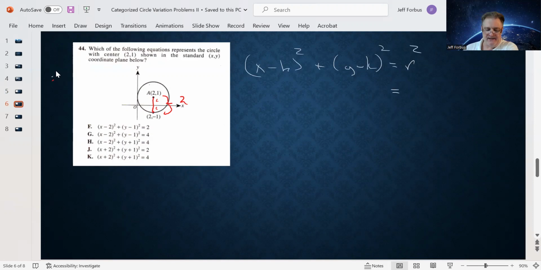Well, the radius is 2, so it's going to be 2 squared, and that's going to be 4. We know the center of the circle is 2 and 1. So it's going to be x minus 2 squared plus y minus 1 squared is equal to 4. And that's going to give us answer choice G.